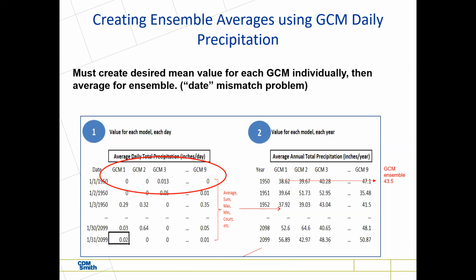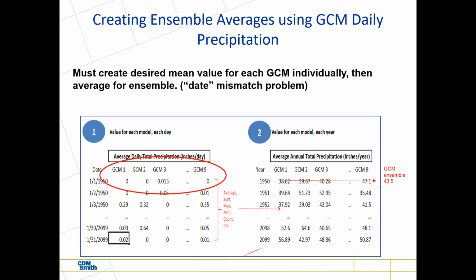Those are different models. And you see they have daily dates starting from 1950. January 1st, January 2nd, January 3rd. And what you'll see is that some models on January 1st, 1950 didn't predict any rain, and other models did. In essence, they all produce a daily time series, but their storms all occur at different times.